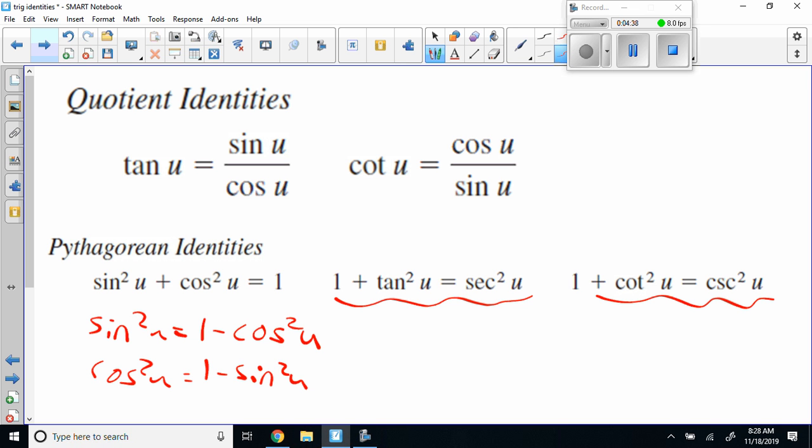I would write those out and expand them out. Okay? The Pythagorean identities are not hard to prove. Okay? I can share that in another lesson, but it's not a bad thing to prove that out. Okay. Any questions on these?